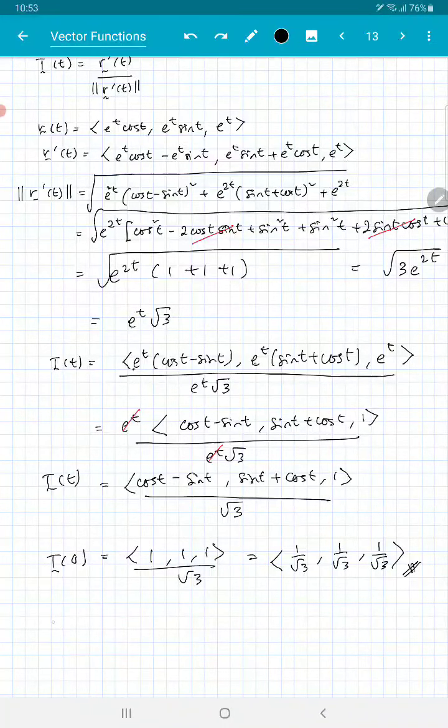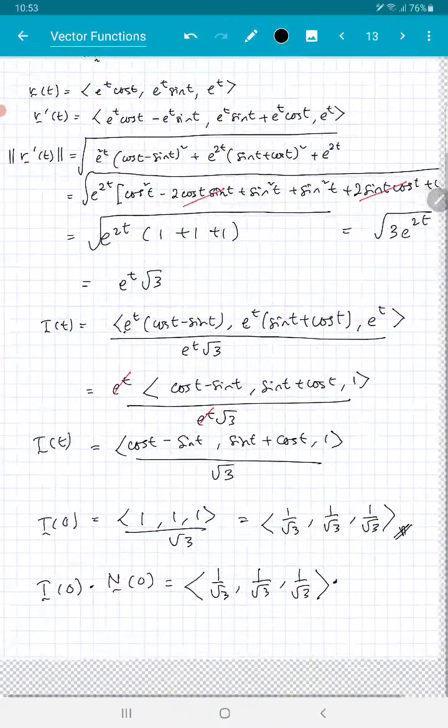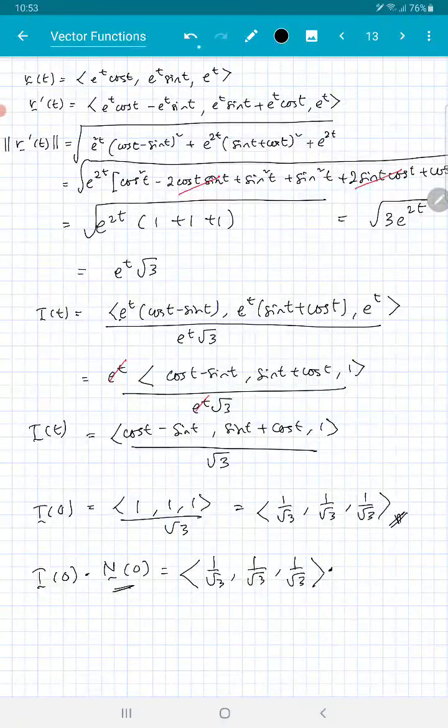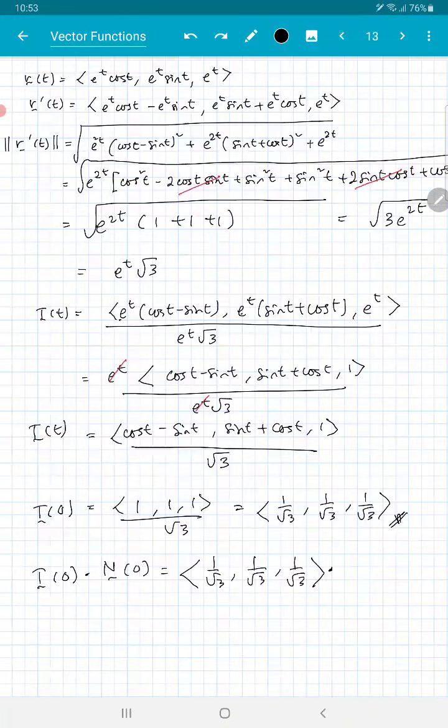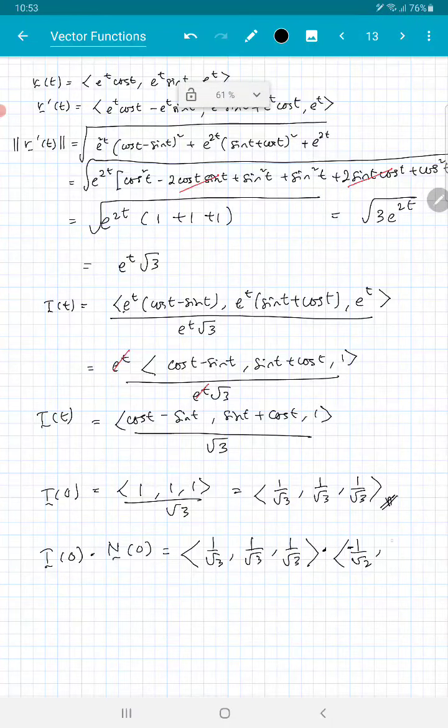Now let's take the dot product between the unit tangent vector and the unit normal vector. Here we have 1 over square root of 3 i, 1 over square root of 3 j, 1 over square root of 3 k, and we dot that with the unit normal vector when t is 0, which is negative 1 over square root of 2 i, 1 over square root of 2 j, 0.